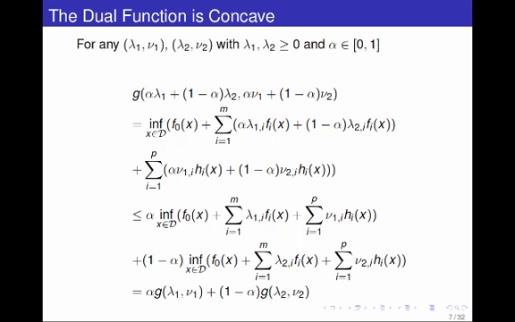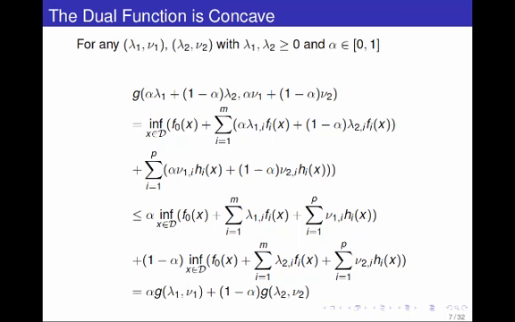So if you take 2 points, what you want to show, that this function is concave, is that the value of the function at the weighted average of the 2 points is greater than or equal, sorry.